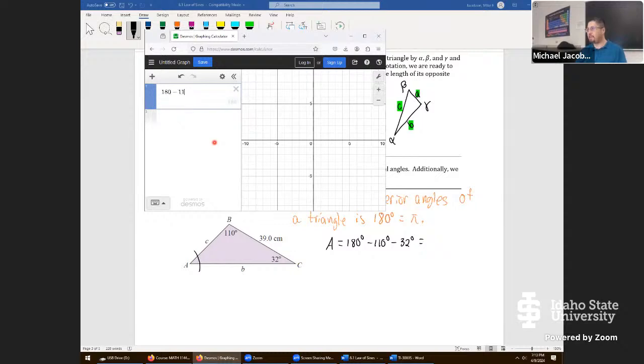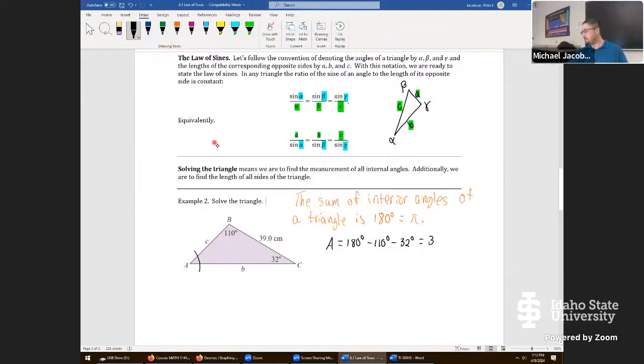So I got 180 minus 110 minus 32, and we're resulting in 38 degrees altogether. So I'll put a 38 degrees, and that's one step down. If we can find the side length c and the side length b, our work is done. So that's what it's going to come down to. Any questions, folks, with that first step?